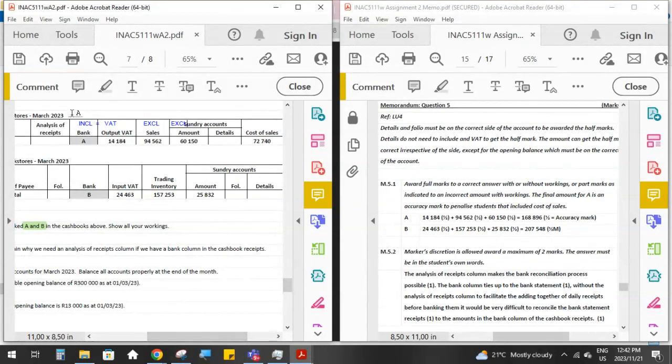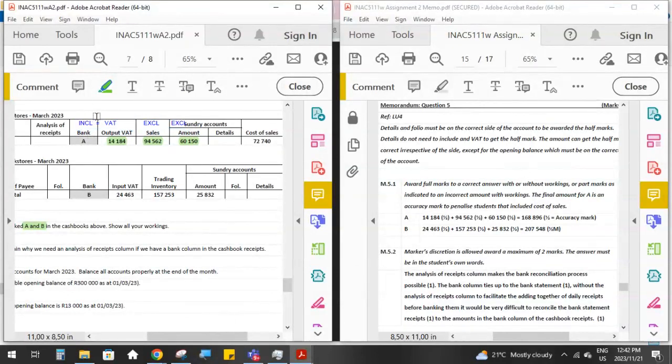There's your calculation. Main column, left-hand side of the equation. All your columns to the right-hand side, output VAT, sales, or sundry. Those three added together, output VAT plus sales plus the total of all of the amounts that I put into my sundry accounts will equal my total on the left.